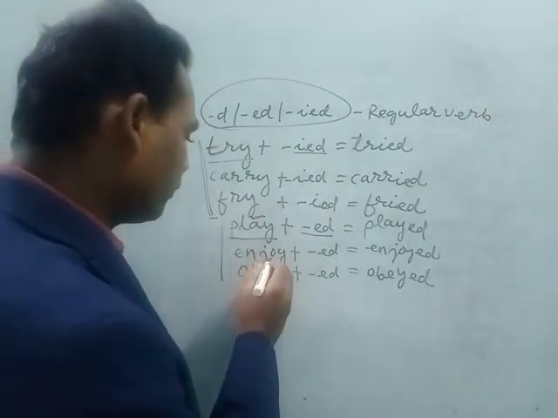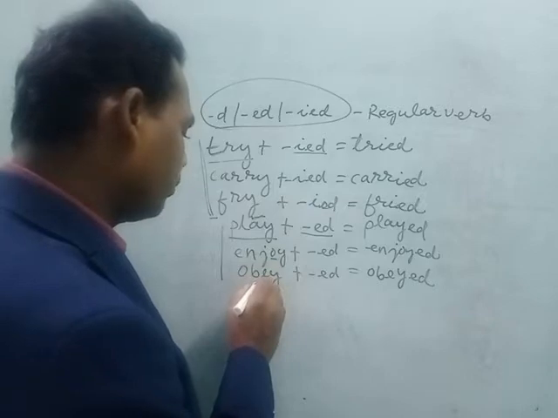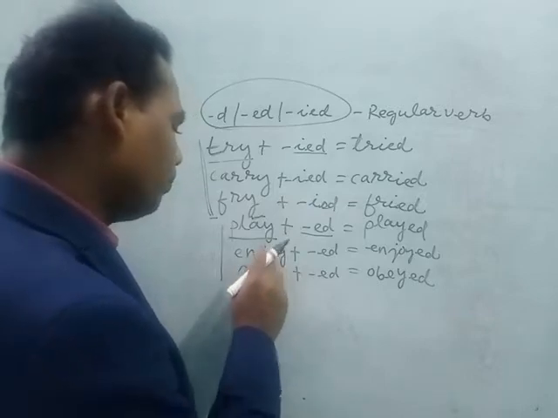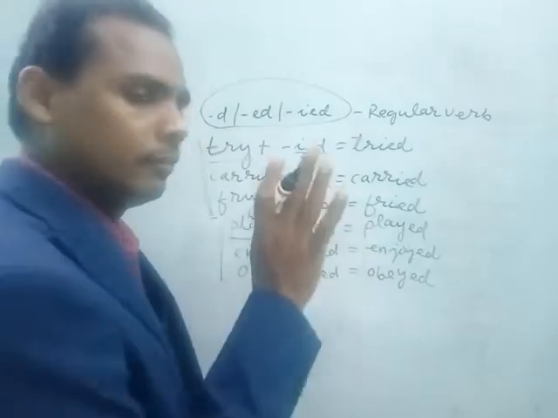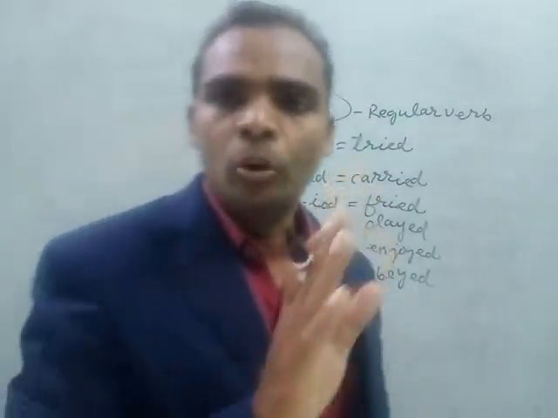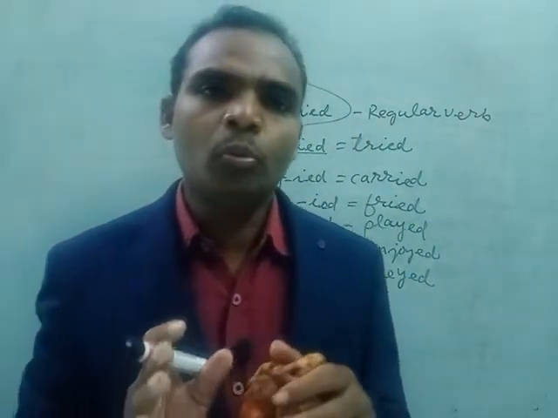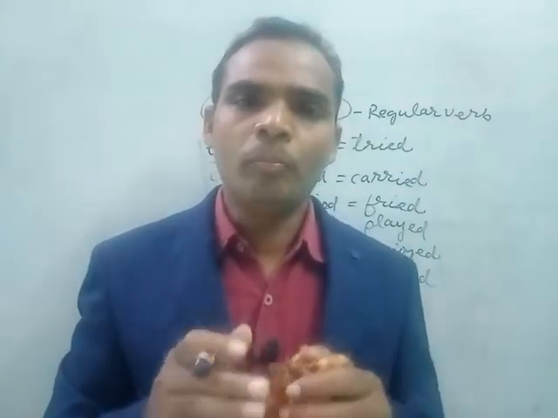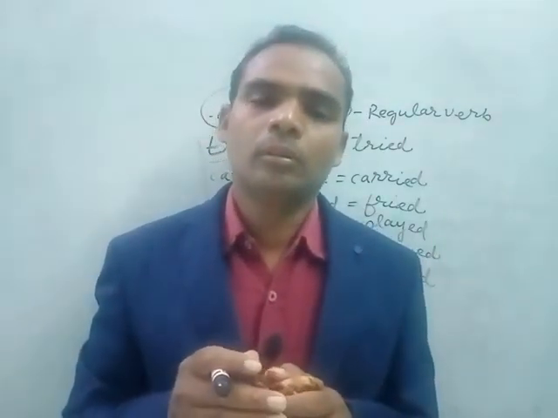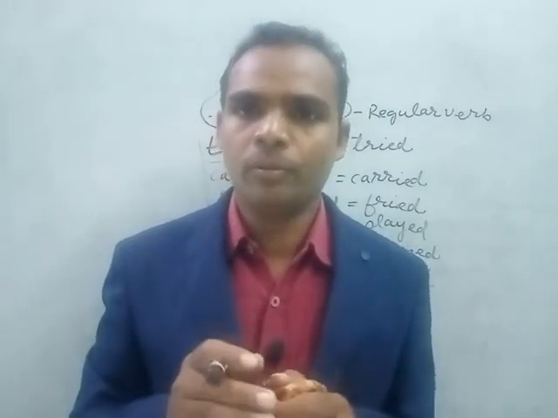Here enjoy, before Y is O. Here obey, before Y is E. If it is the vowel letter, you have to add ed. This is the formula of regular verbs, how to make the past form or past tense of a verb.